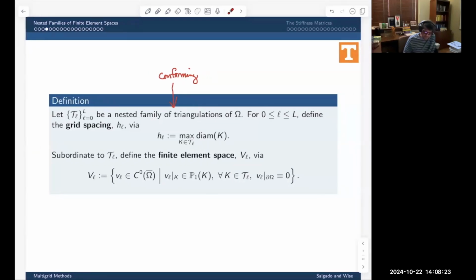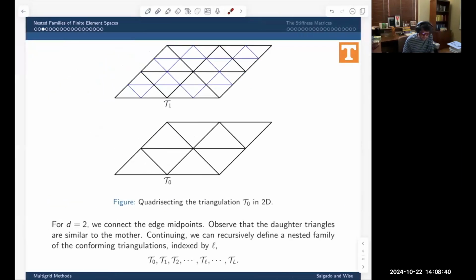The diameter of the triangle can be computed in one of 2 ways. The way I like to think of the diameter, you can think about it as the diameter of the smallest ball or the smallest circle which fits around the triangle. Or you can take it simply to be the longest edge in any triangle. That gives you a measure of the diameter.